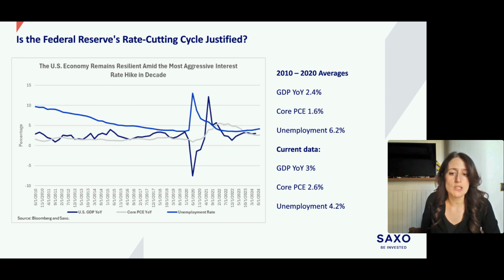And when I look at the GDP, so I've been talking about a certain deceleration of the economic activity, well, we are not seeing that yet in the US because GDP year on year is still at 3%, which is well above what we have seen between 2010 and 2020.